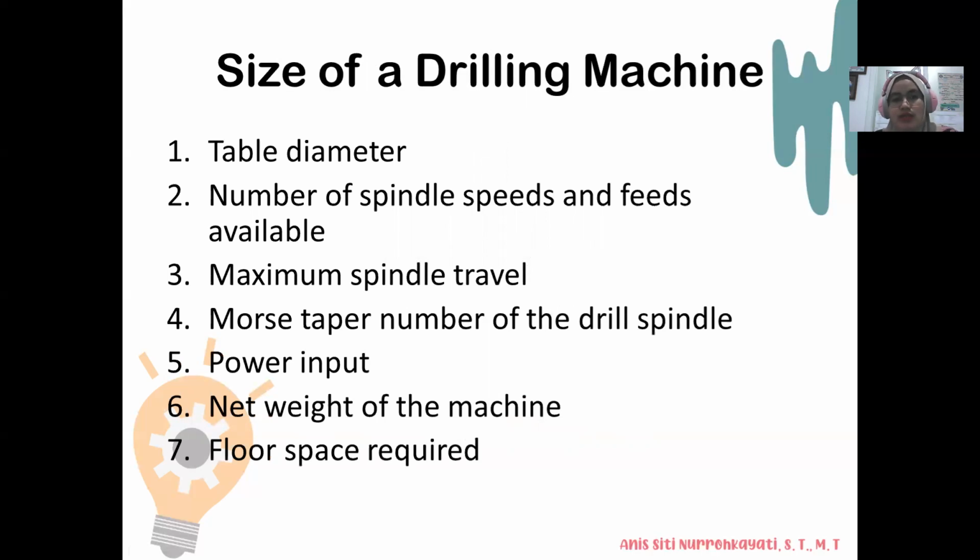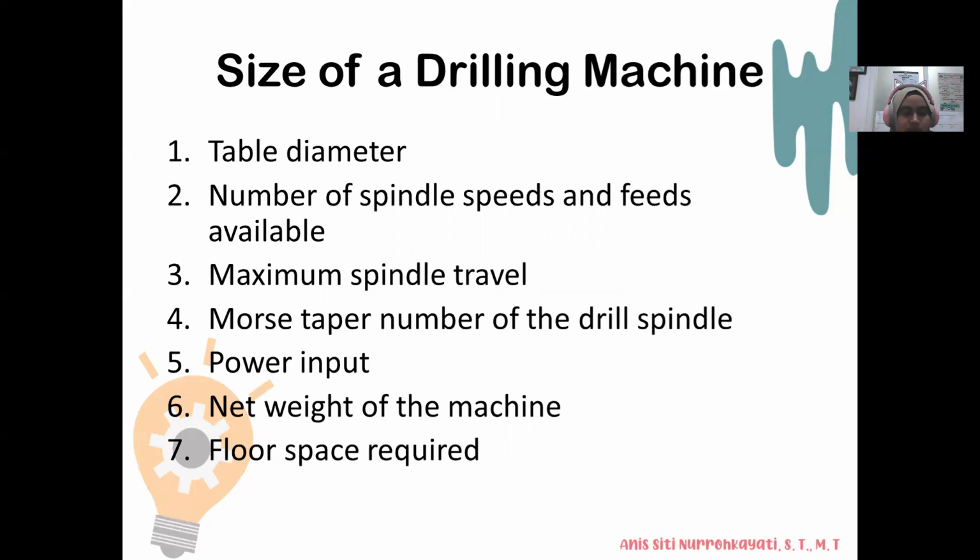Next is size of drilling machines. In drilling machines, different parameters are considered for different types of drilling machine to determine their size. The size of a portable drilling machine is decided by the maximum diameter of the drill that it can hold.